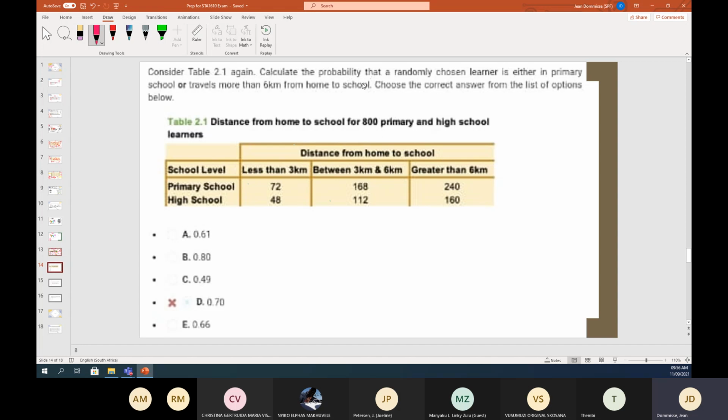Calculate the probability that a randomly chosen learner is either in primary school or travels more than 6 kilometers.